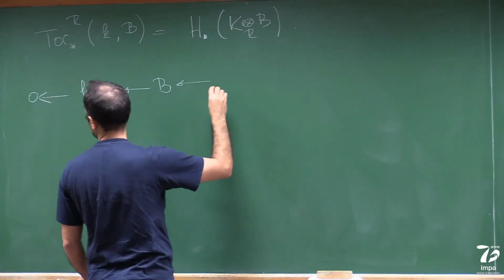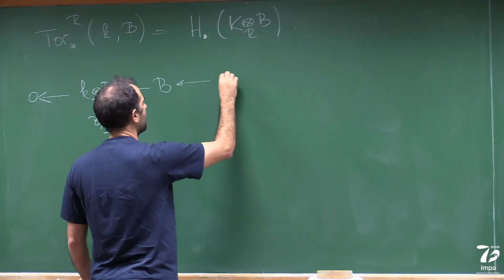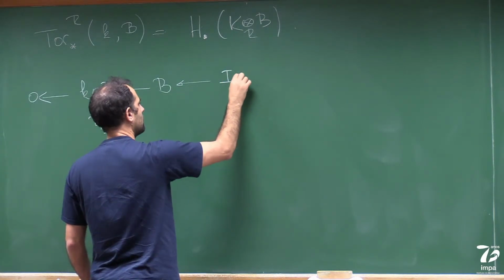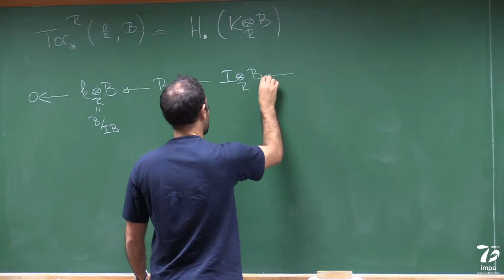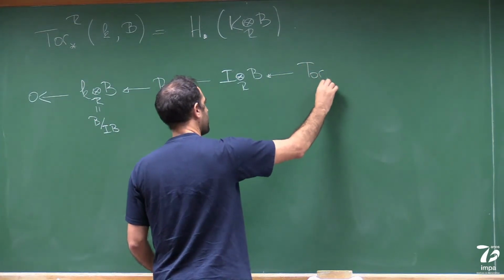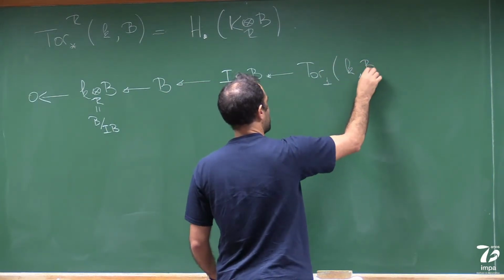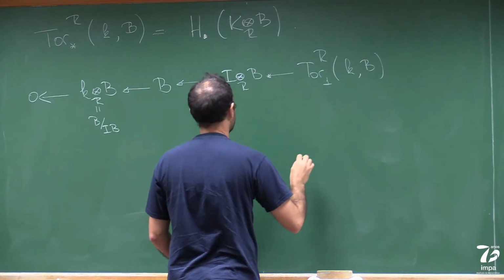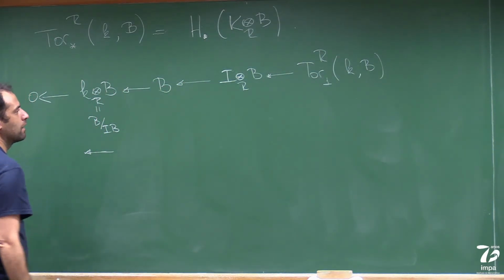Then we have Tor 0 of I tensor over R B, and so forth. So now I'm going to have Tor 1 of K, B. Everything is over R. And here's the trick.